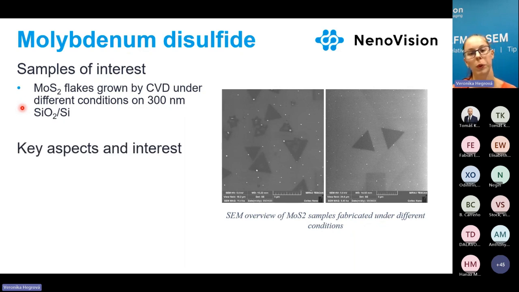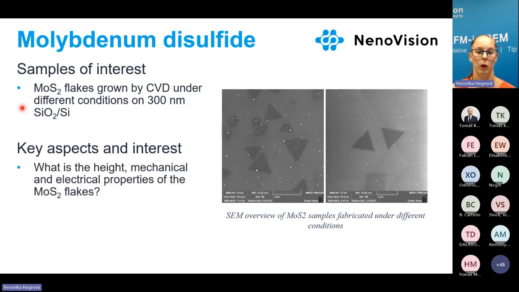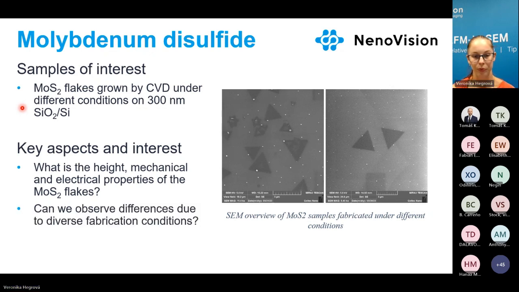And so what we wanted to see is whether the monolayer looks the same or different, or how the different condition changes the growth of molybdenum disulfide monolayers. And so we measured what is the height, what are the mechanical properties of such flakes, and what are the electrical properties. And afterwards, we wanted to observe the differences due to diverse fabrication conditions.